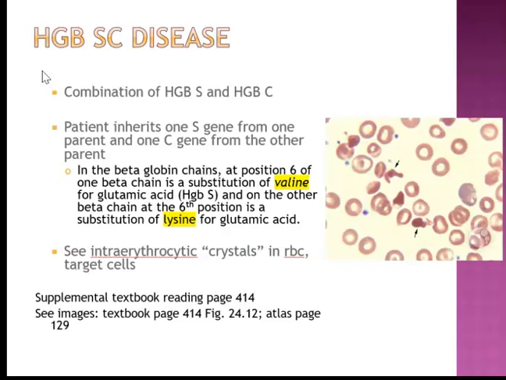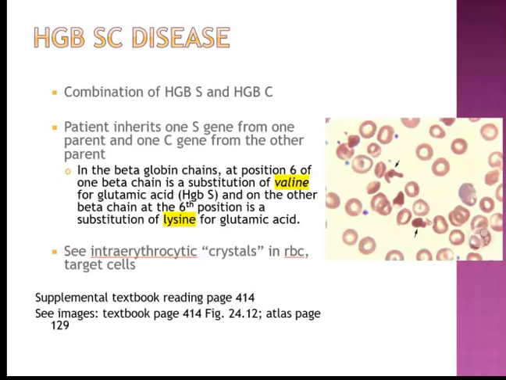So in the beta chain, at position 6 of one beta chain, the substitution is valine for glutamic acid. And the other beta chain at position 6, it is a substitution of lysine for glutamic acid. So again, it's a combination of hemoglobin S and hemoglobin C.